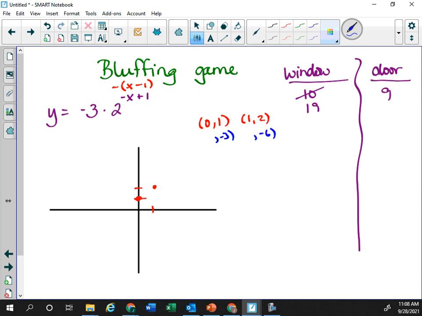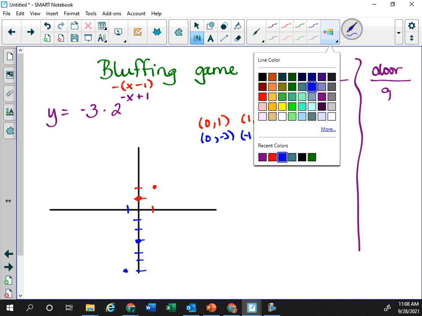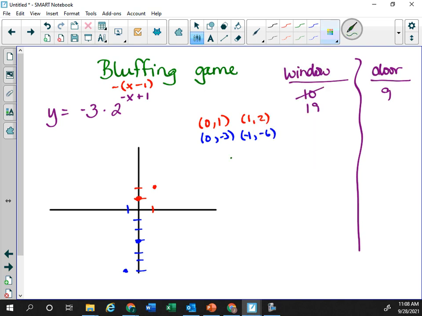The negative with the x just multiplies your x's, changes their sign. Okay, so I've got 0, -3, -1, -6, and then I have to deal with that shift. So I have to go right 1. And my horizontal asymptote, there was not a vertical shift, so it stays at 0. All right, we're doing okay with that, guys?